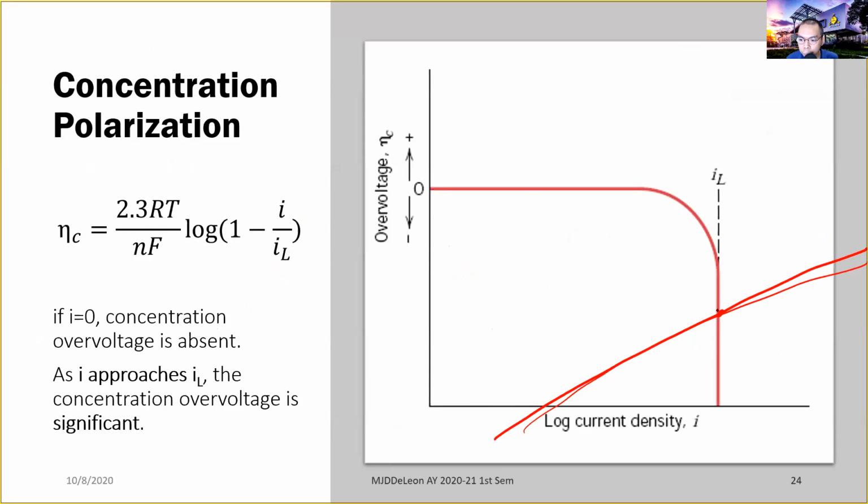Usually our V-core hits here at the IL or this path. So we can also get the overvoltage, or the polarization potential or polarization voltage, where the anode and the concentration curve of your cathode intersect.